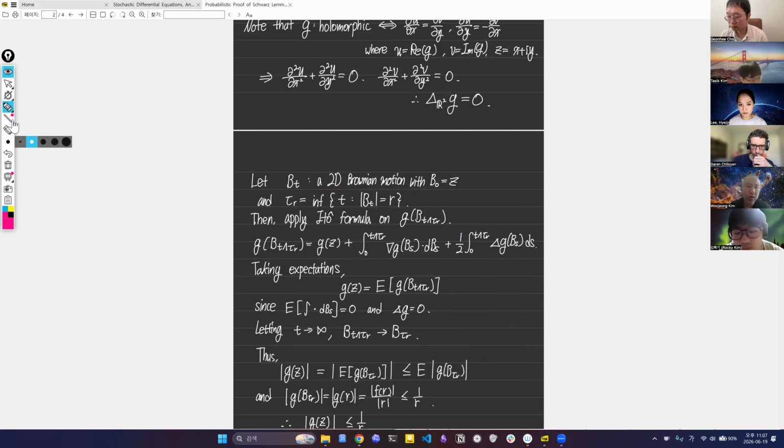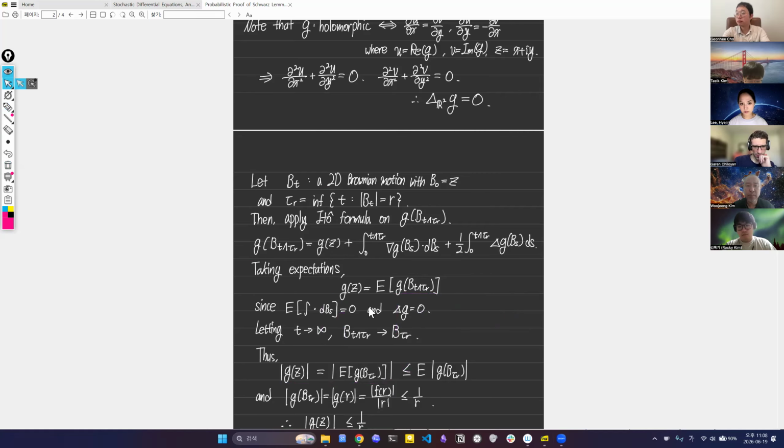We got this here, and then take the absolute value. Then we got this, and this expectation is a kind of integral. So the absolute value of the integral should be less than the integral of the absolute value of the integrand. So we can get this inequality.